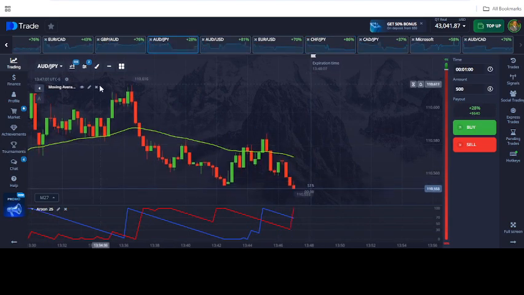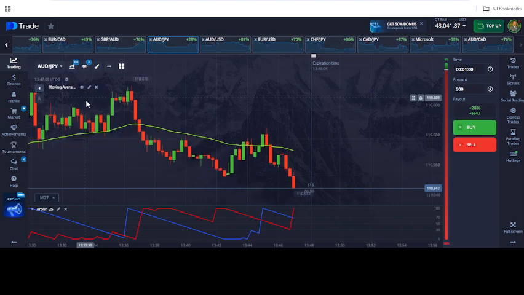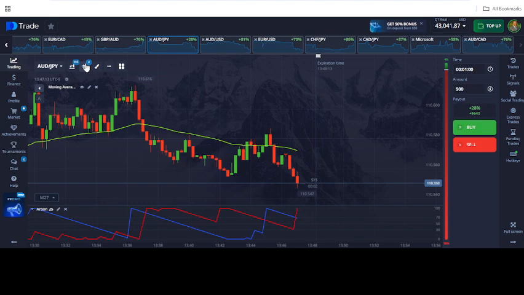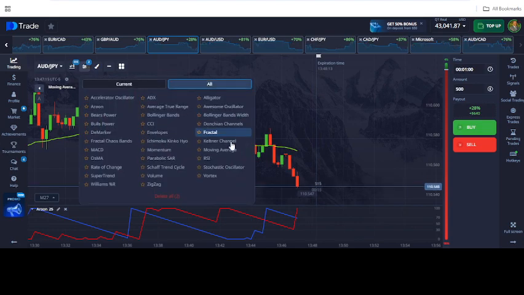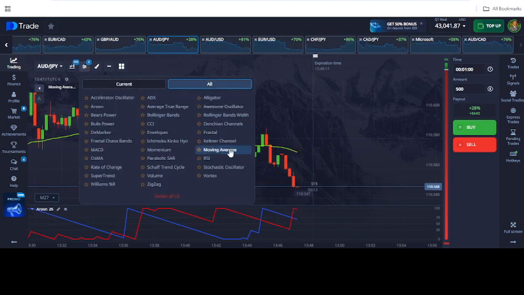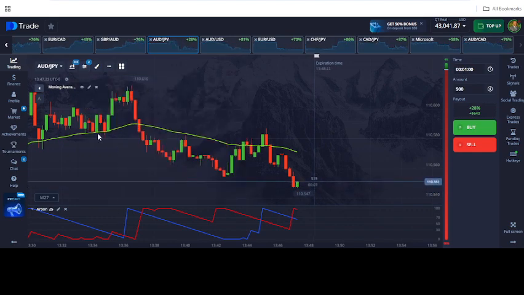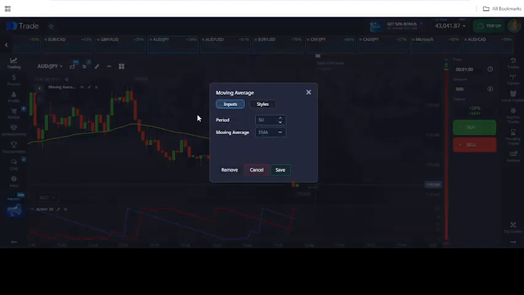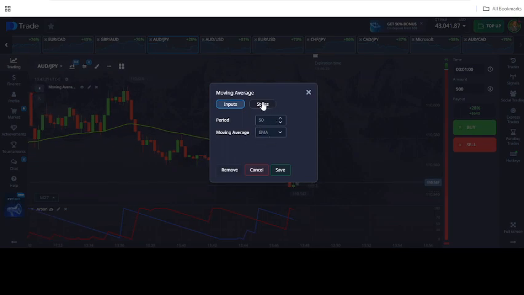Okay, so I'm going to be using two indicators. When I click on the indicator icon here, the first indicator is the moving average indicator, and the second indicator is the Aroon indicator. For the moving average settings, I click on the pencil icon and I have my period set to 50 moving average EMA, for exponential moving average.